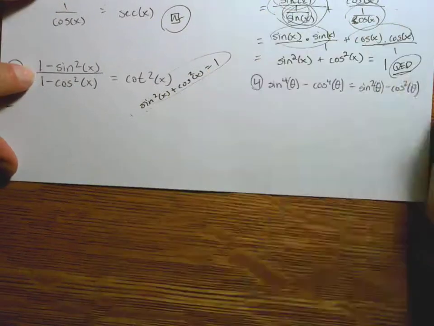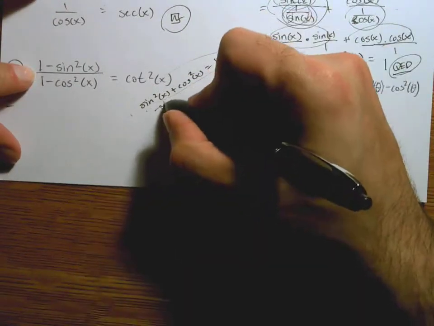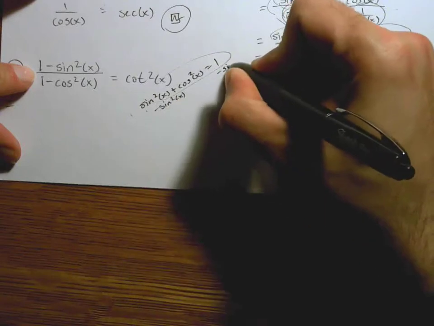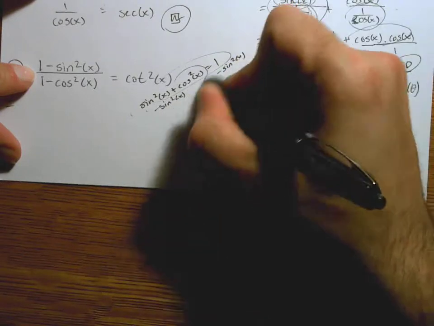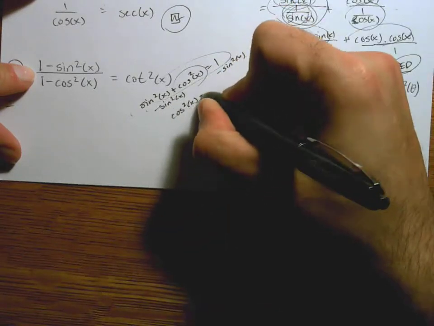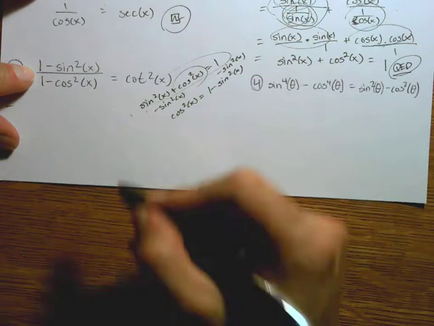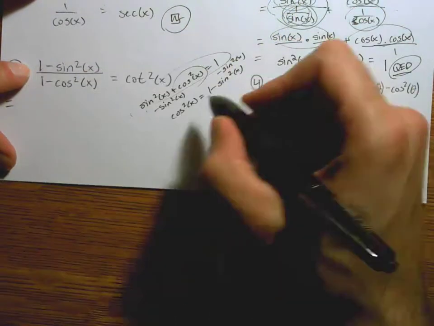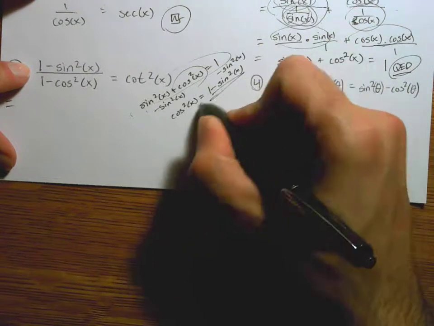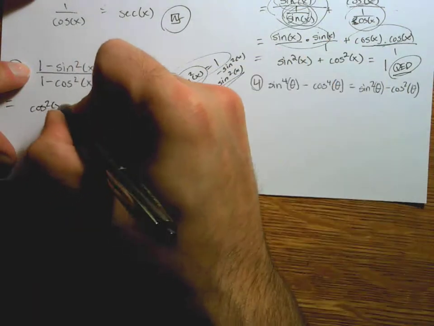So I'm going to take a sine squared from each side, and it's going to leave me with cosine squared equals 1 minus sine squared. And what that means is that instead of writing 1 minus sine squared up here, 1 minus sine squared equals cosine squared. So I'll write that there instead.